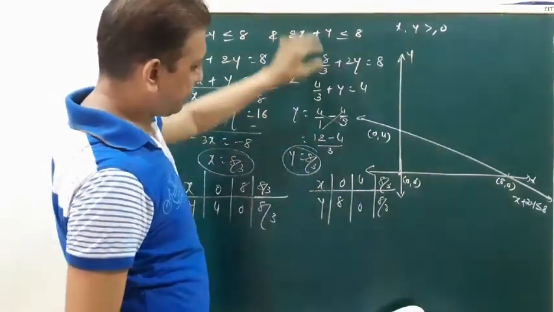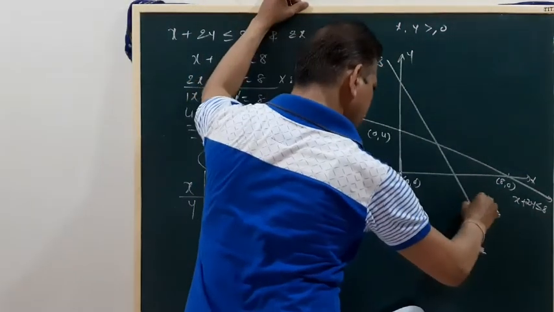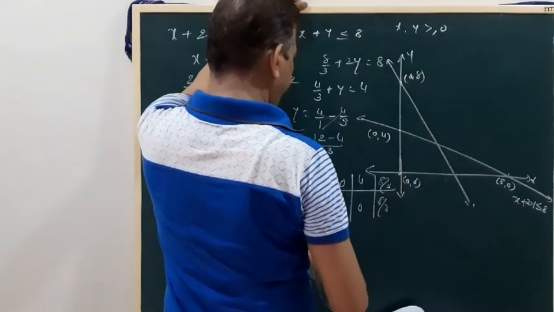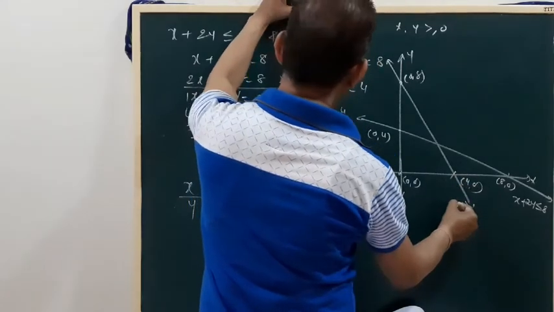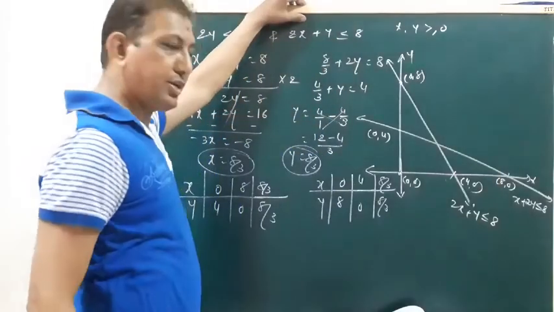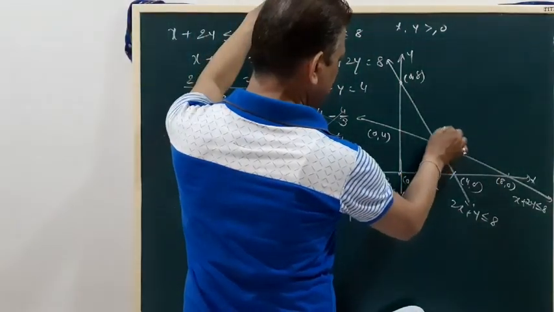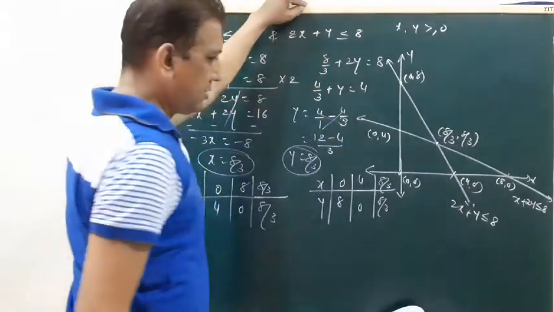Now second, (4, 0) here and (8, 0) here. (0, 8) and (4, 0). And the equation is 2x plus y less than or equal to 8. And the intersection point is here (8/3, 8/3), right?